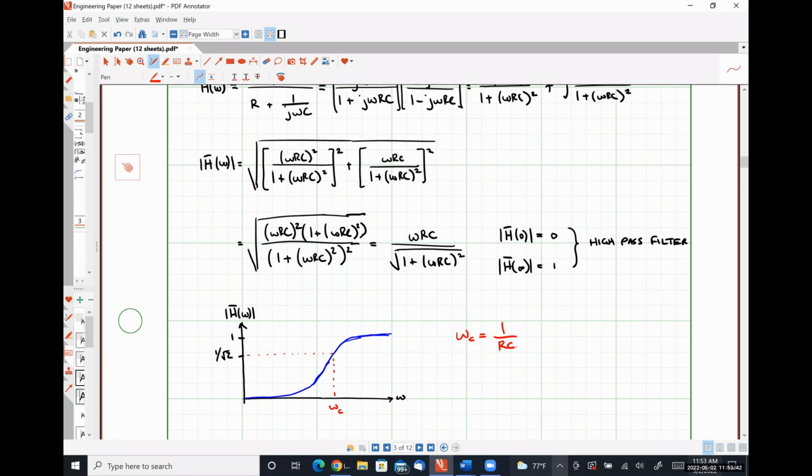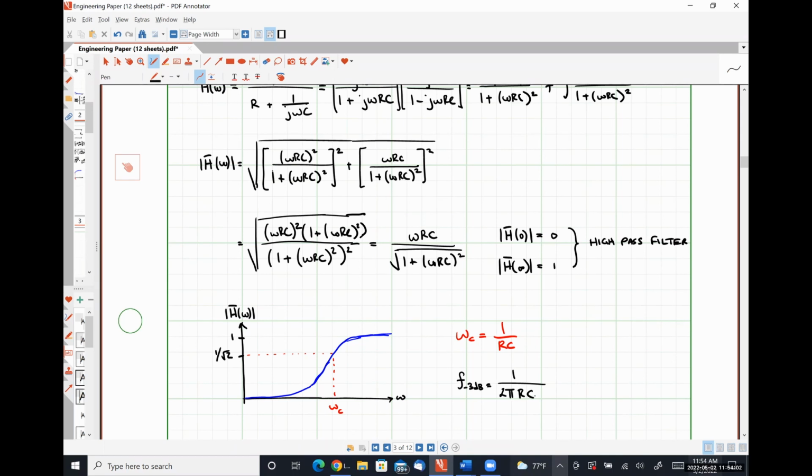And from this, our minus 3 dB or cutoff frequency is 1 over 2 pi RC.